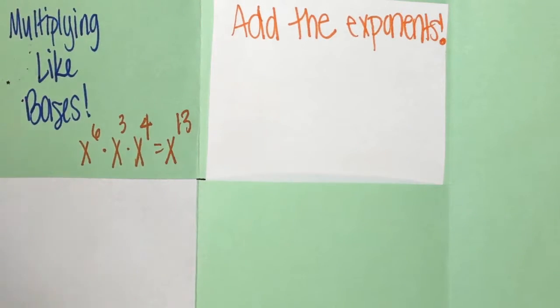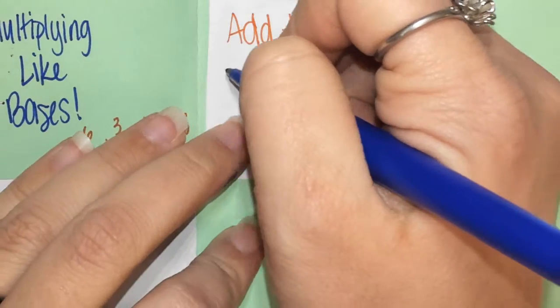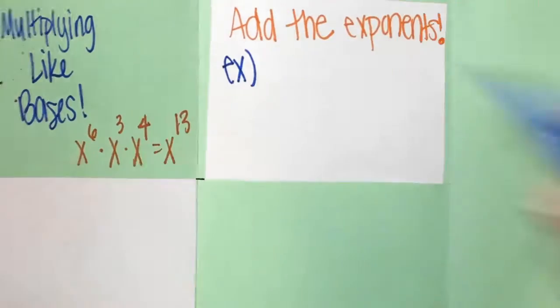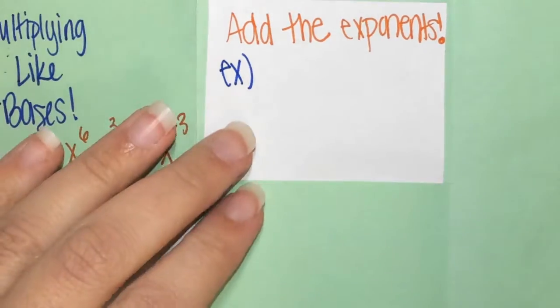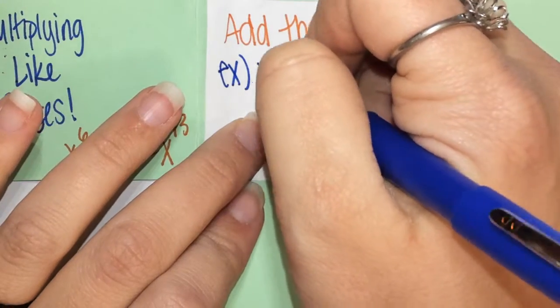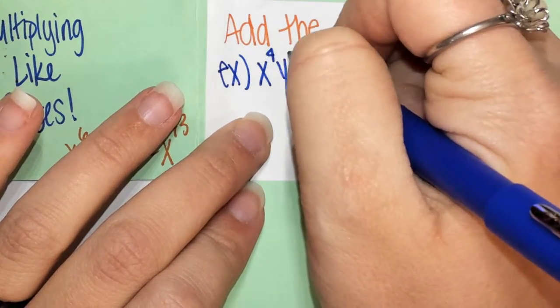So for example, they can only be like bases, which means what? That the bases have to be what? The same. Good. Take a point.